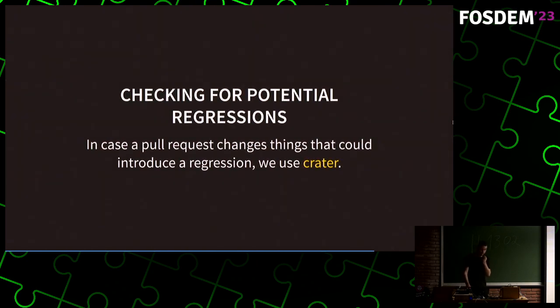No, that's before, sorry. When we make a new feature that potentially changes current behavior, we look for potential regressions in the whole crates ecosystem. So we make what we call a crater run.